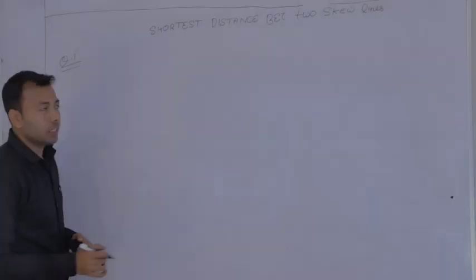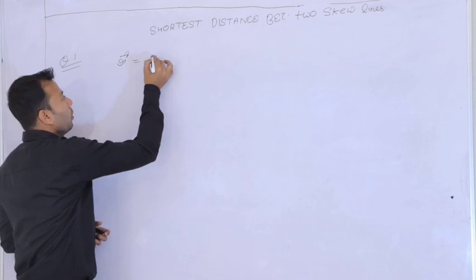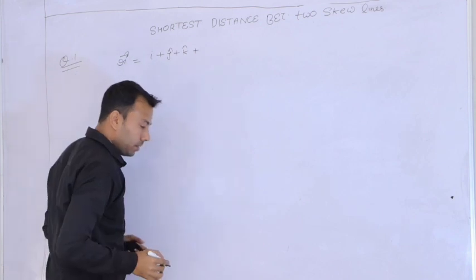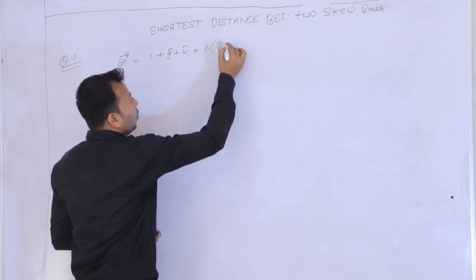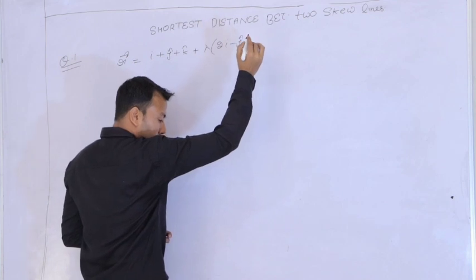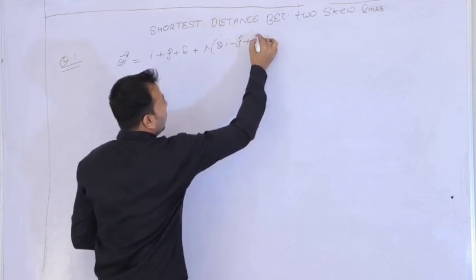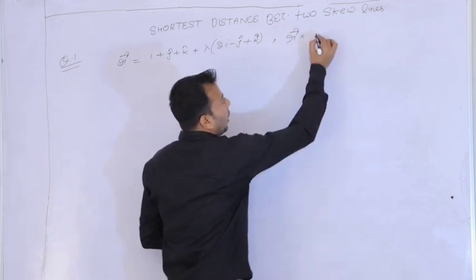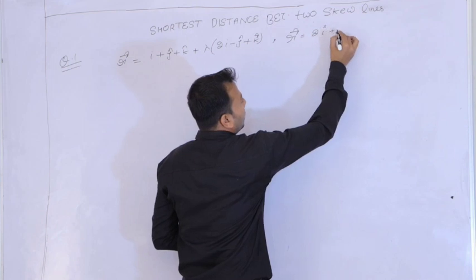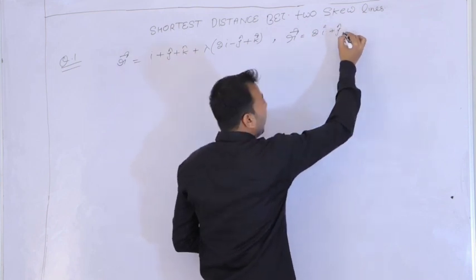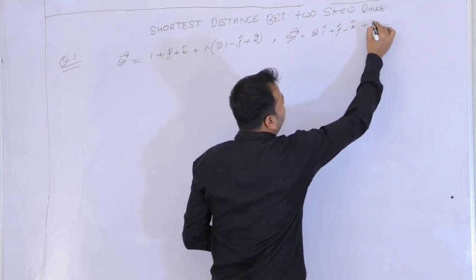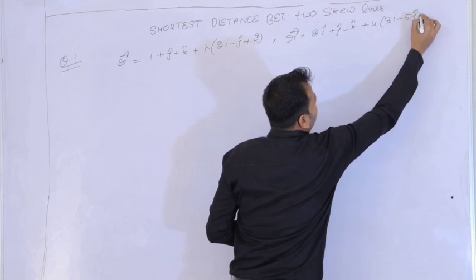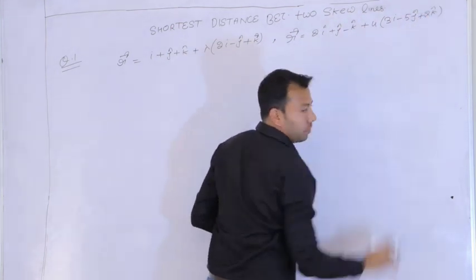So, question number one: r vector is equal to i plus j plus k vector plus lambda into (2i minus j plus k vector), and r vector is equal to 2i plus j minus k plus mu into (3i minus 5j plus 2k unit vector).